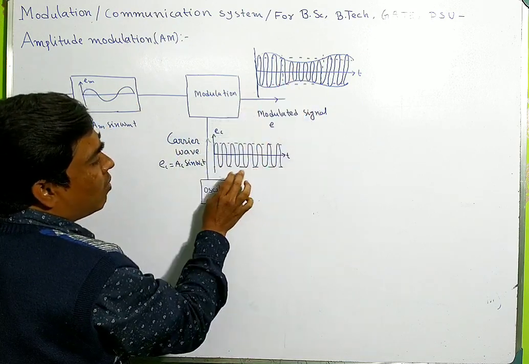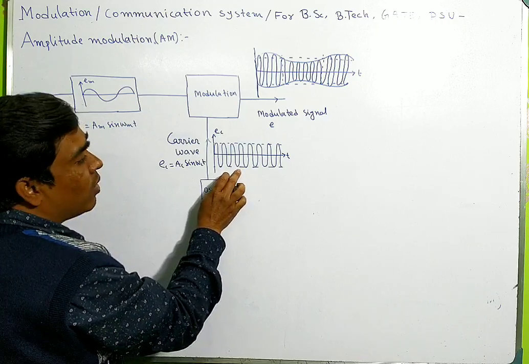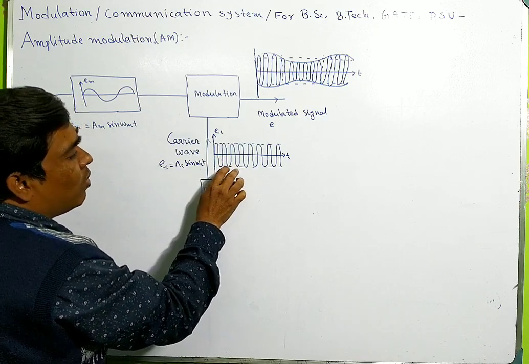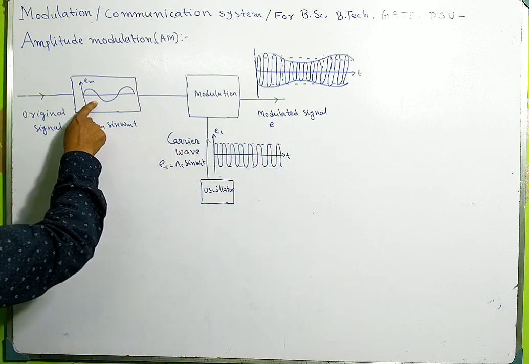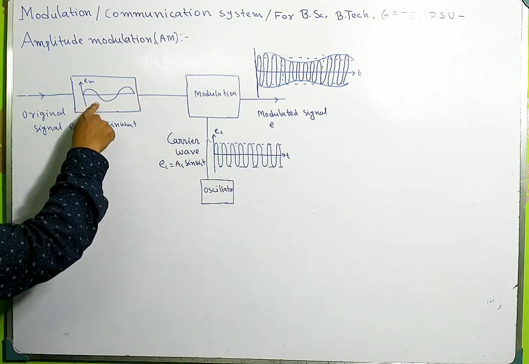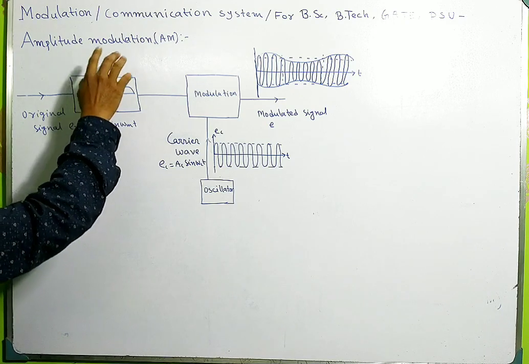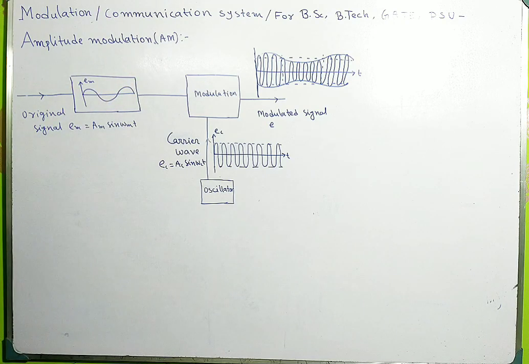So this carrier wave's amplitude is changed according to the modulating signal. This is called amplitude modulation.